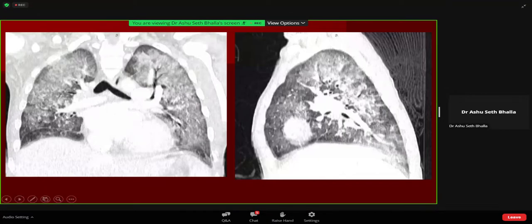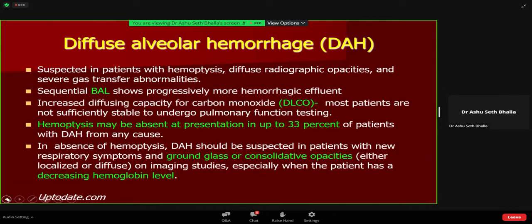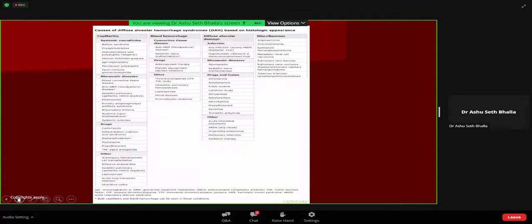I'll tell you why. So this is again characteristic. I told you, sparing of the apices, sparing of the CP angles, and the lobular appearance, so we were sure that we are dealing with DAH. The issue was what is the reason for the DAH? And I told you that you can have bland DAH or you can have capillaritis associated DAH.